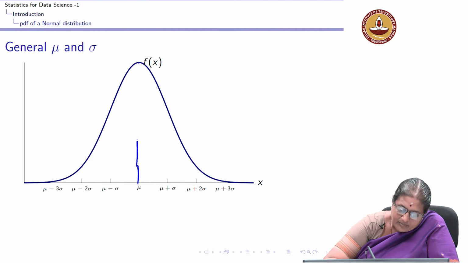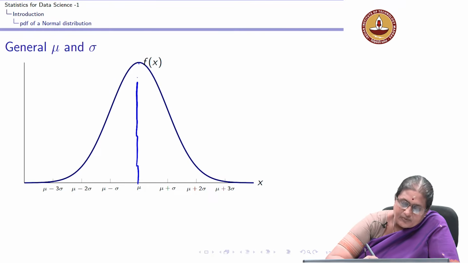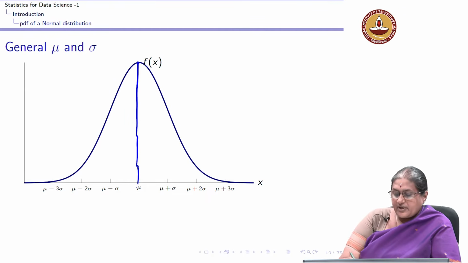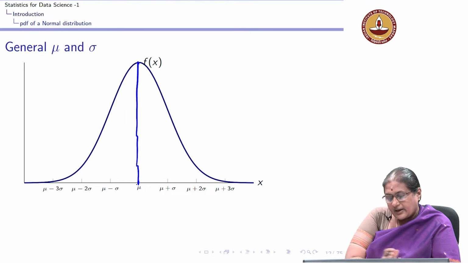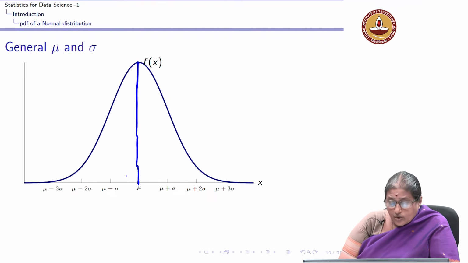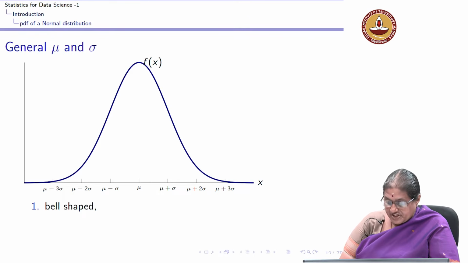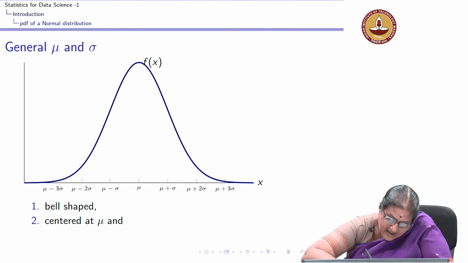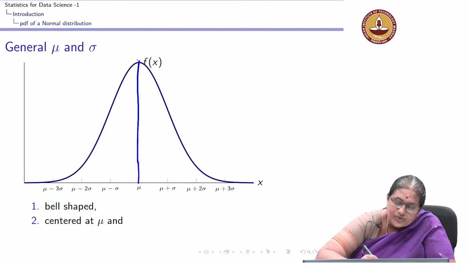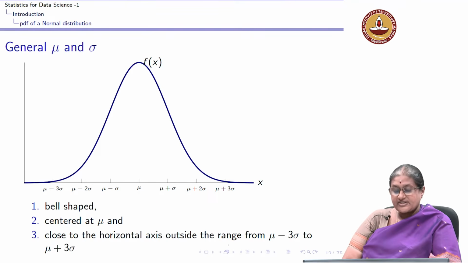So, I have my mean here, it is symmetric around the mean. Not only that, the shape is a bell shape. It is centered at mu and it is symmetric around mu. This is again something I notice.